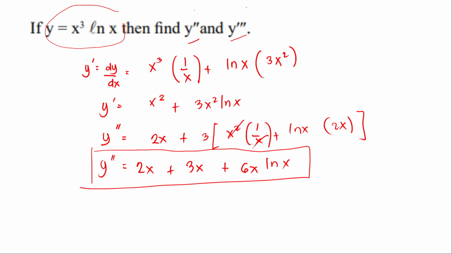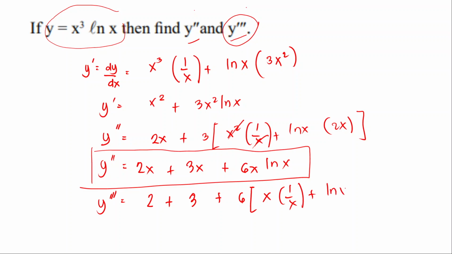Ngayon, derive pa natin siya ulit to get the third order. So, y prime prime prime is equivalent to 2 plus 3, okay, plus product ulit, 6 x 1 over x plus ln x times 1, okay. Ito pwede natin gawing 5x plus 6x ln x.